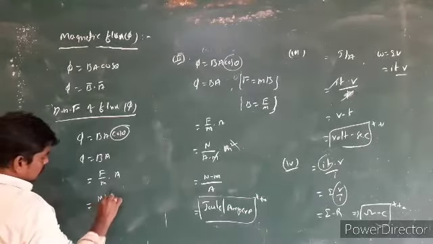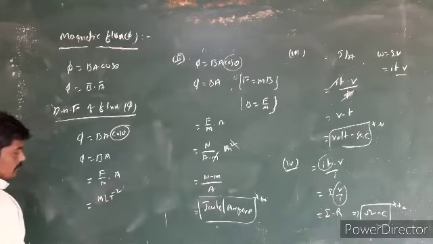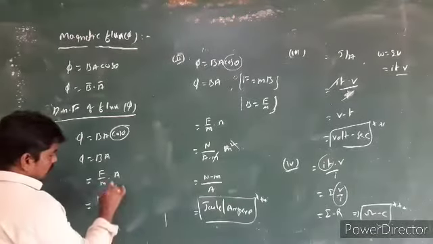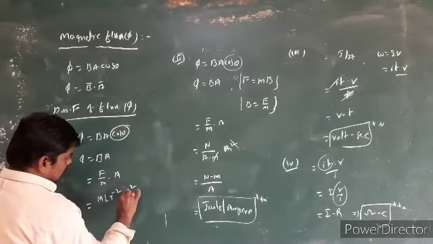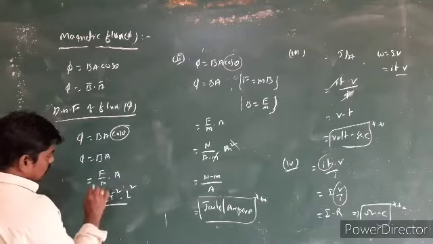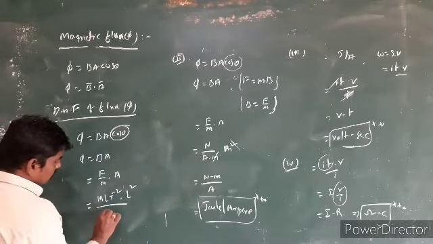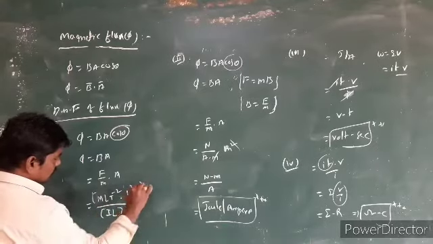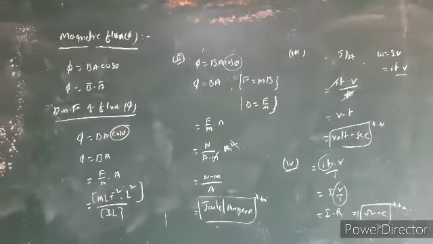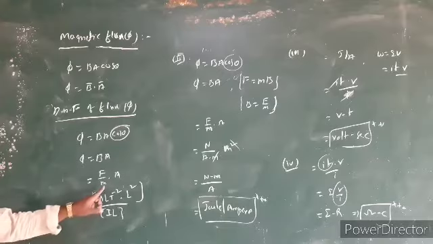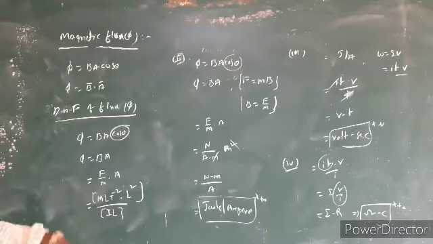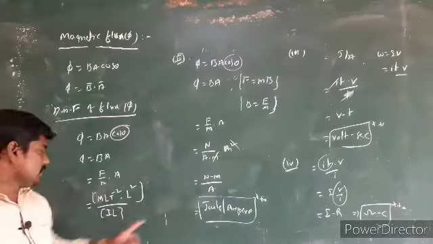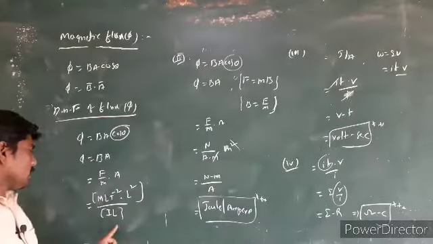Dimensional formula of force is MLT power minus 2. Dimensional formula of area is L square. Dimensional formula of small m, pole strength, ampere meter, means IL. Here m is pole strength, ampere meter, so ampere means I, meter means L.